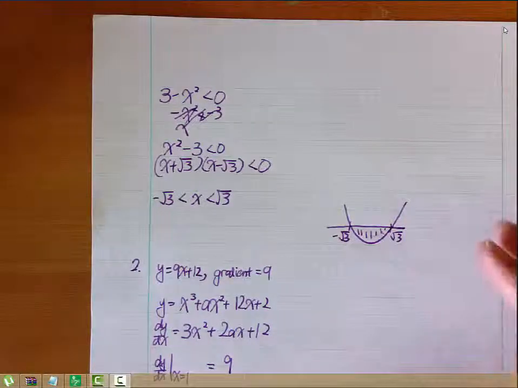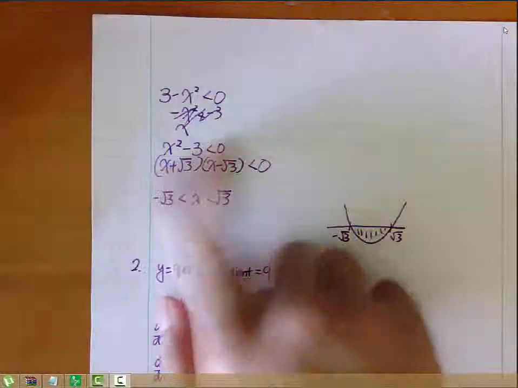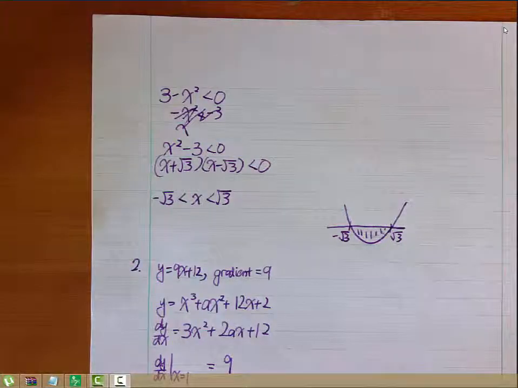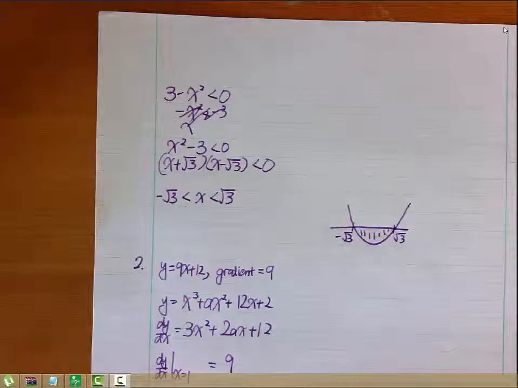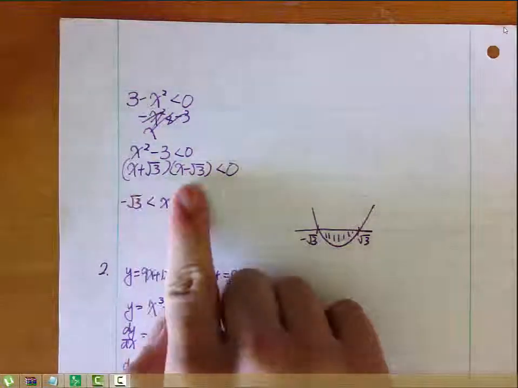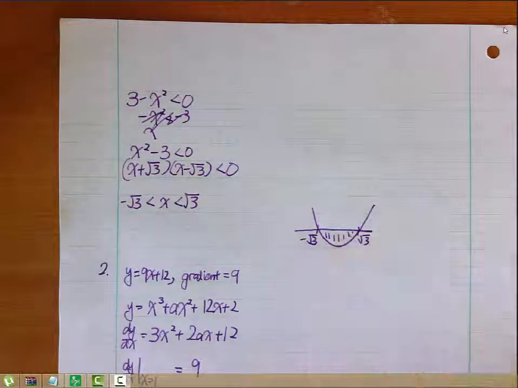So I write 3 minus x squared is less than 0. Multiplying throughout by negative 1, I get x squared minus 3 is less than 0. Here's where I apply a squared minus b squared. 3 can be written as root 3 squared, so (a plus b)(a minus b). So I've drawn this here. It's a smiley graph, x squared. The roots are root 3 and negative root 3, which I put here.